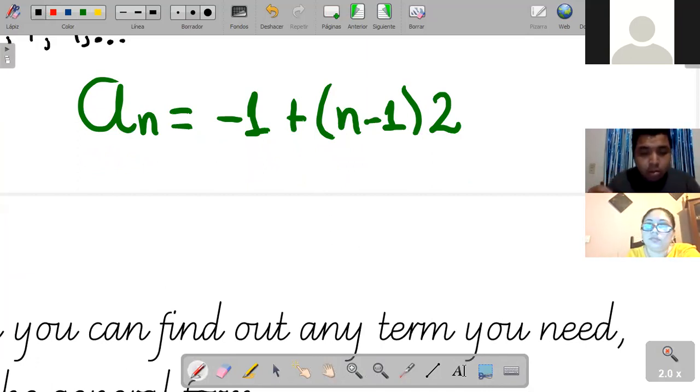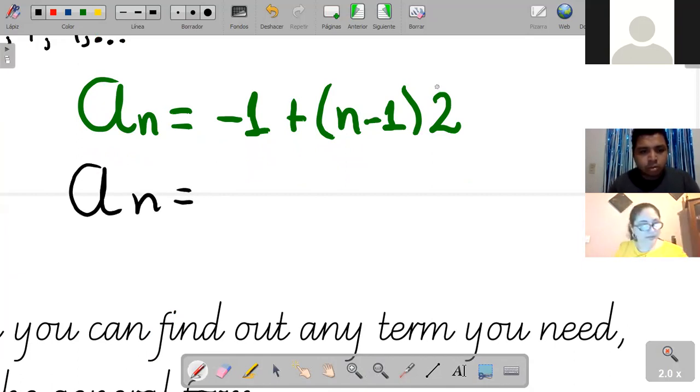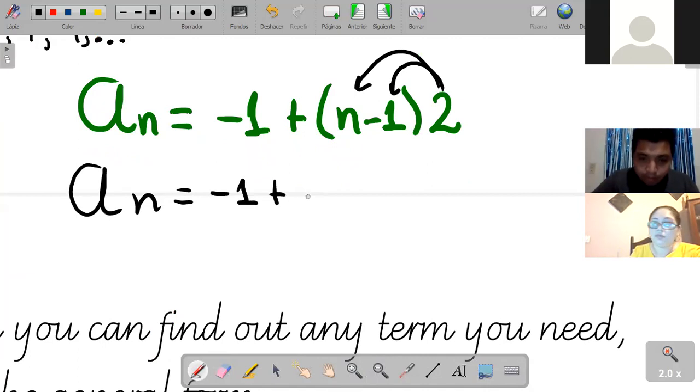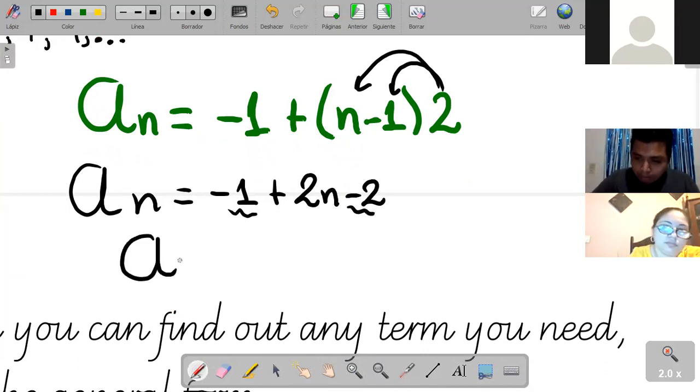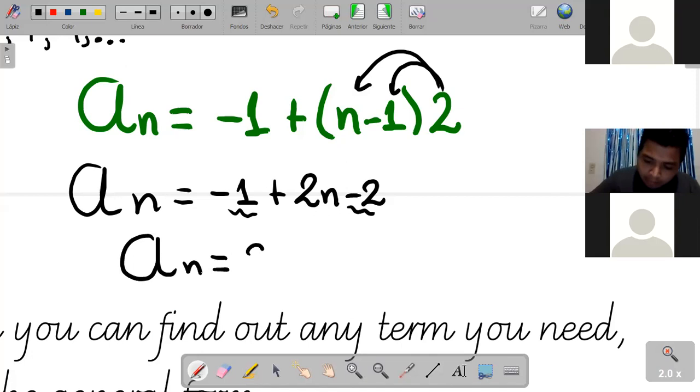Many of you focused on the addition, some of you focused on the multiplication. And how this exercise works is pretty simple. The a sub n, the formula that will describe all those values, will be obtained following the next idea. You're going to have -1 plus 2n minus 2, and combining the like terms, we can finally get the answer, which will be, of course, writing first the n, the variable n expression, or you can write the -3 first, no problem. -3, I mean, you're working with negatives, right?